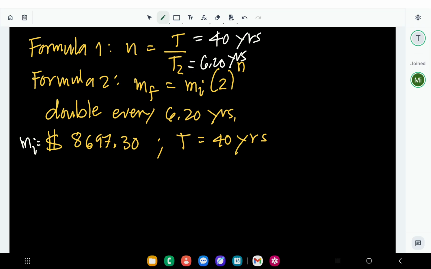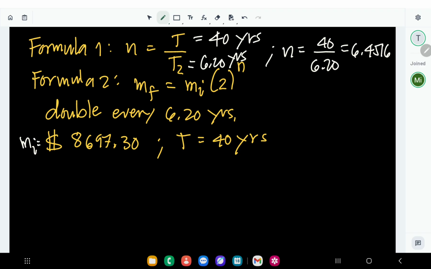Okay, so we use the formula. n equals T over T sub 2. So this is 40 over 6.20. 40 divided by 6.2 is 6.4516. We will just round that off later.